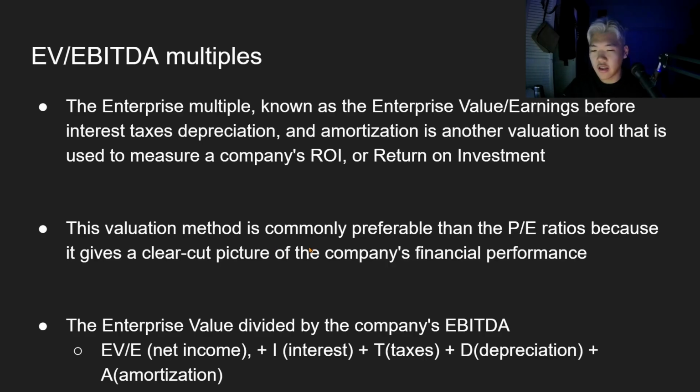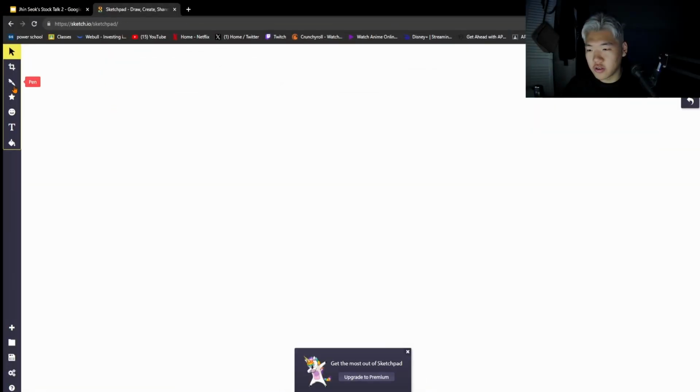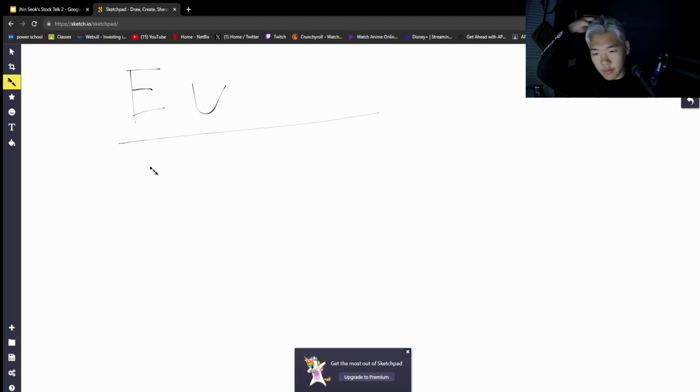Now, if it sounded like I was just spitting random letters, I'll give a clear-cut visual on how this formula actually works. We have the EV, which, as we went over earlier, is the total market cap plus the total debt minus the total cash. So now that we have that, we have the EV divided by the E.